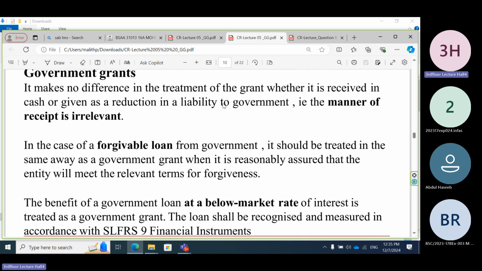So these are some examples. Forgivable loans. There may be a loan below the market interest rate. You have to use SLFRS 9, but the benefit should be considered as a grant. The interest benefit is treated as a government grant, right?